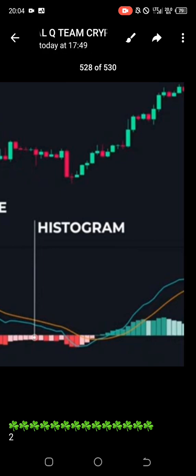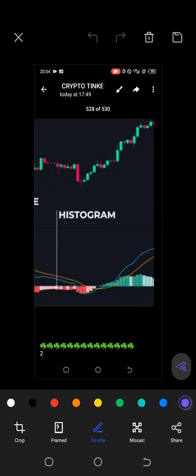So in conclusion, when the MACD line is above the signal line, you see that? For my people, I told you here in this scenario, the MACD line is the turquoise color, which is like a green. Okay.